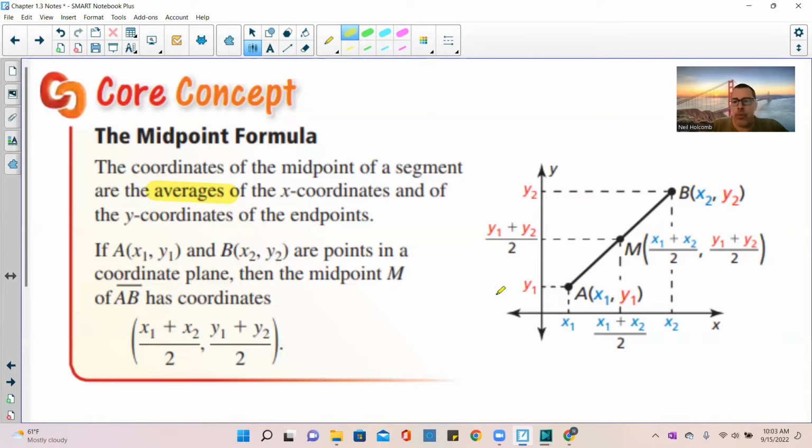Okay, so if A is the point x1, y1, which means I went over a distance of x1 and then up a distance of y1.